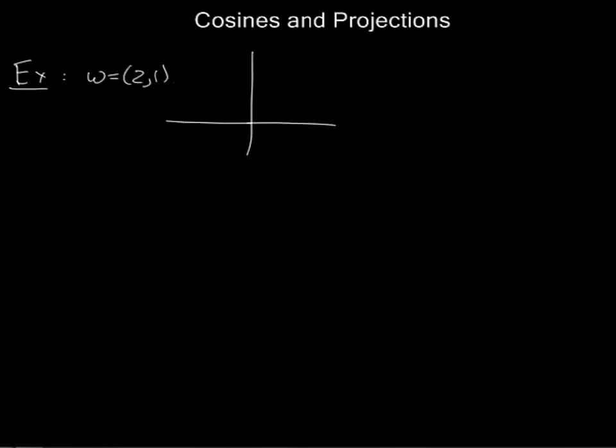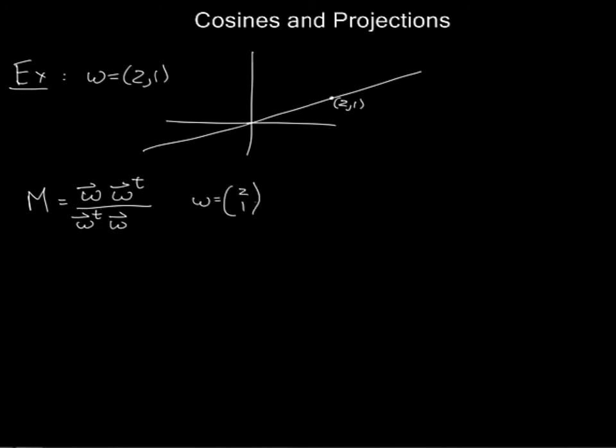Okay, it's time for an example. Suppose w is the vector (2, 1), and let's compute the matrix of projection onto this line. So, as I said, the matrix is computed like this, where w, it's important to remember, is now a column vector (2, 1).